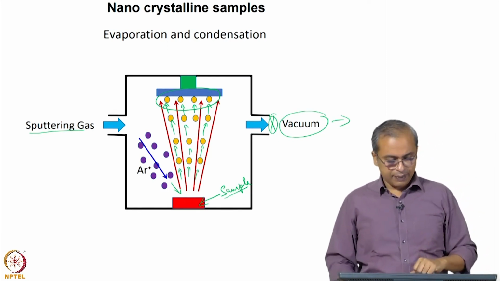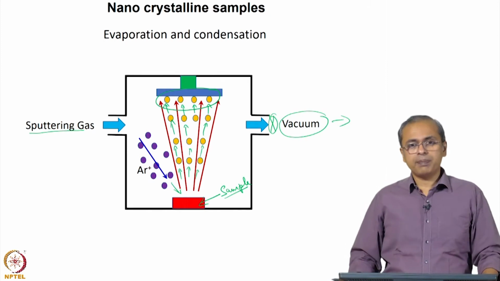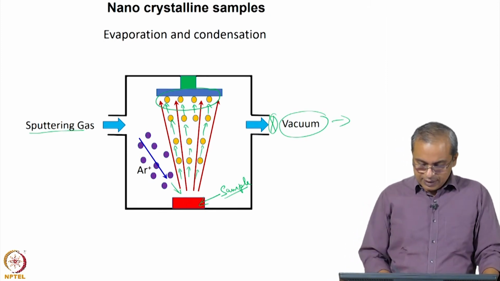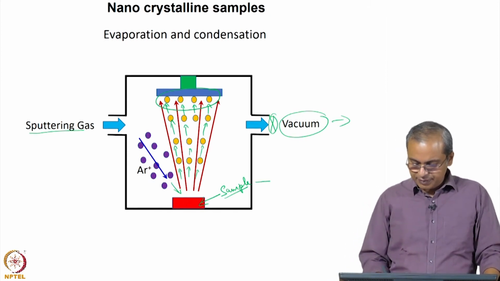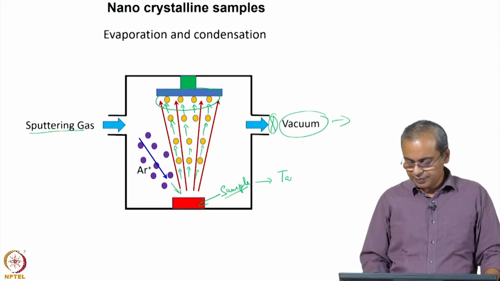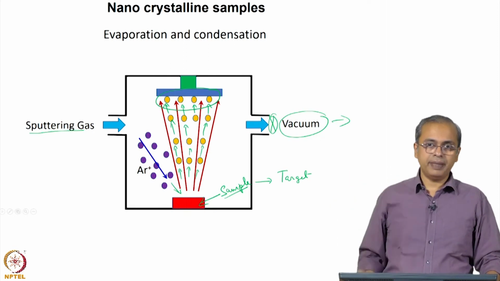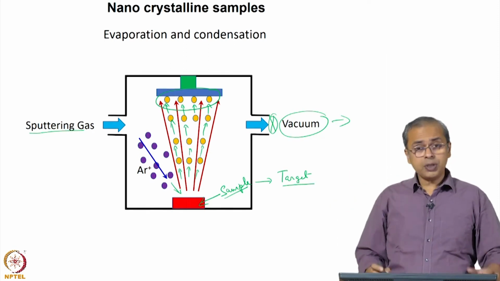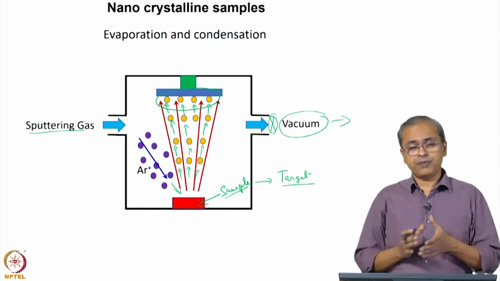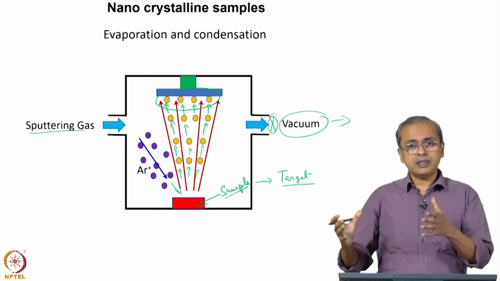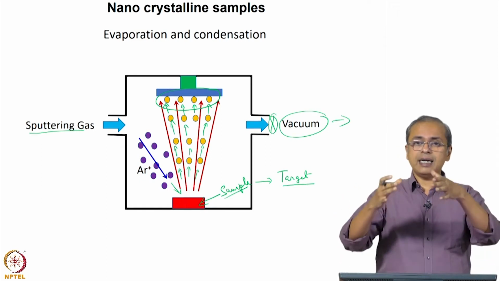In the electron beam process as well as the sputtering process, the sample is used as a target, it is also called a target because it is hit by the argon ion or the electron beam. And so, usually commercially available sputtering units will also sell targets for you.